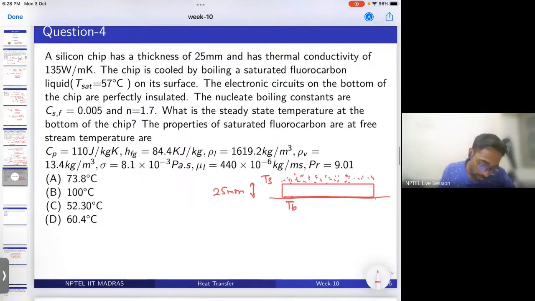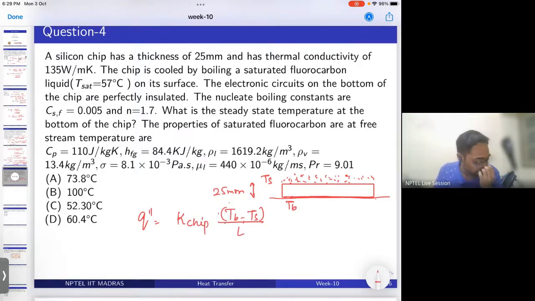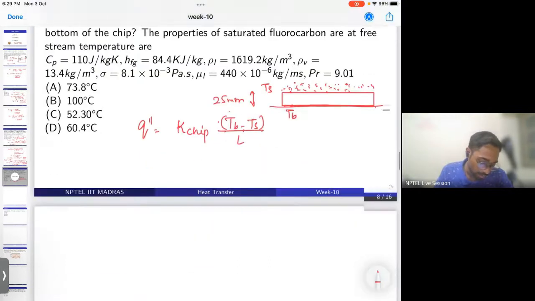For that we need to find out the heat flux, that is Q is equal to K of chip times TB minus TS, whole divided by L. For finding out this TB, we need to find out TS, that is the surface temperature of the chip, and also we need to find out the heat flux. Okay.